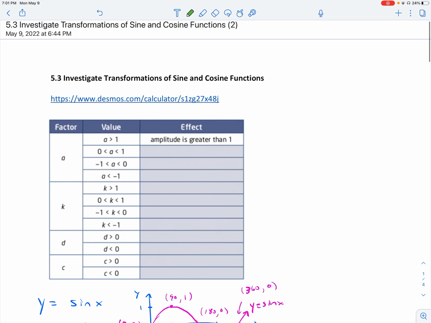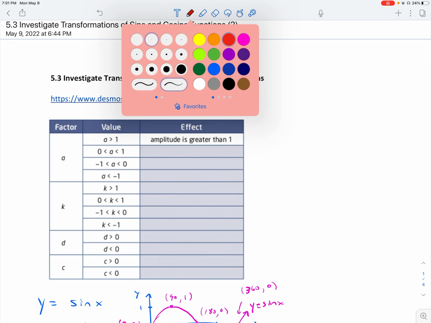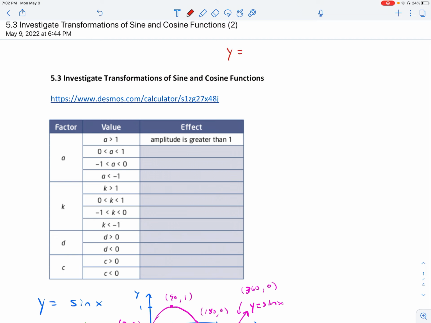So all sinusoidal functions are going to follow this form. When we have to include all the transformations, we're going to have a times sine k x minus d plus c.